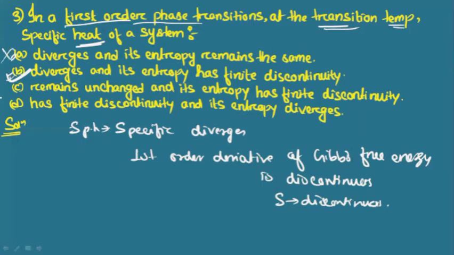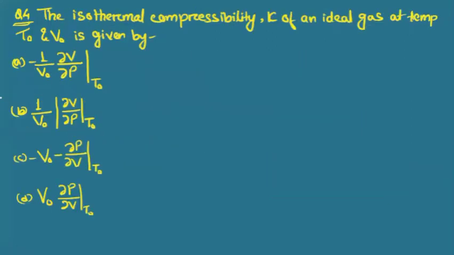This is wrong. Next, let's see the isothermal compressibility kappa of an ideal gas at temperature T0 and V0. So you have to directly write what is the isothermal compressibility kappa, right? Isothermal it is said, so the temperature is constant.